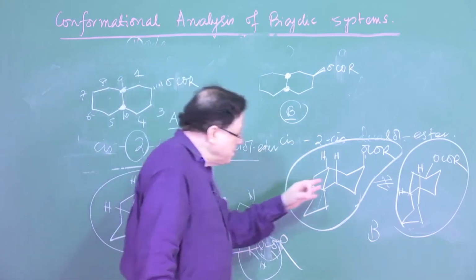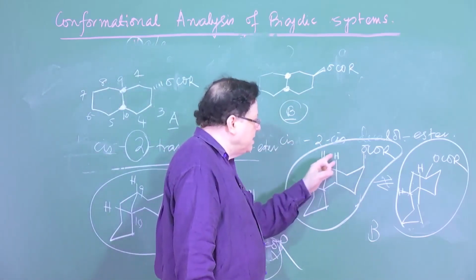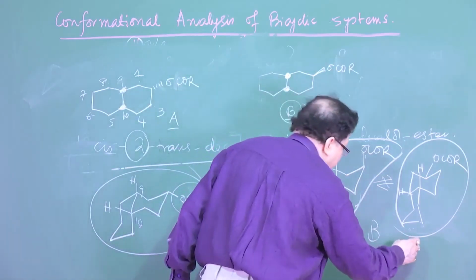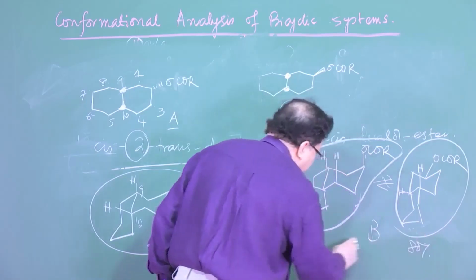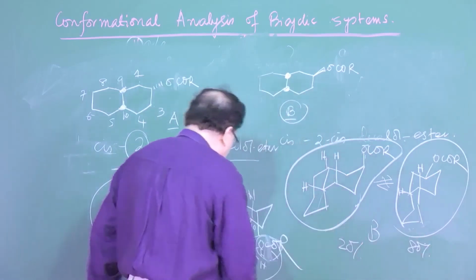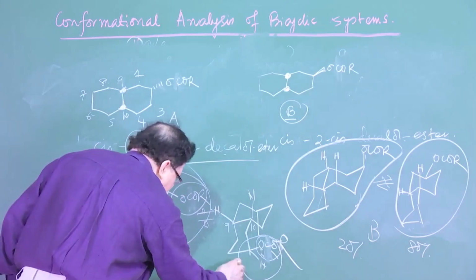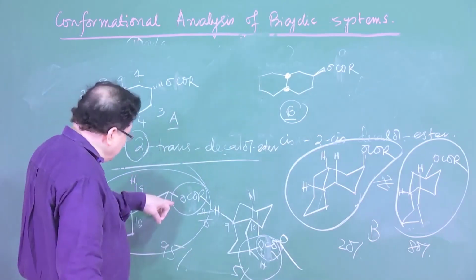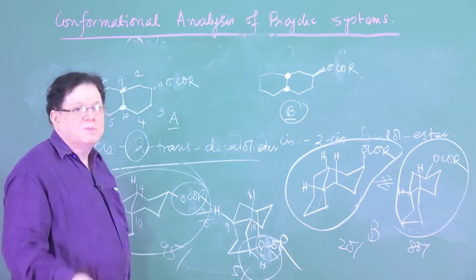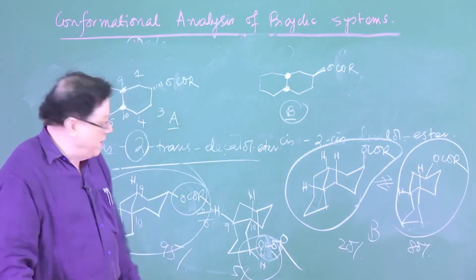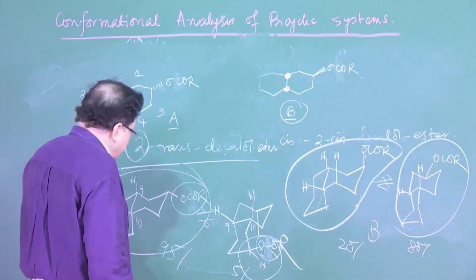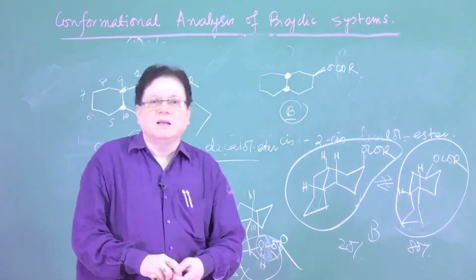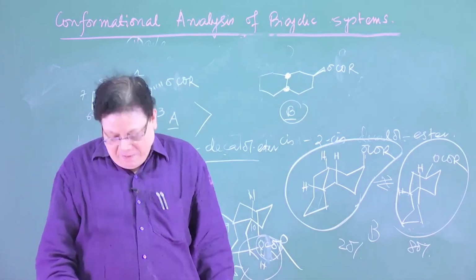In this case there is much less steric interaction, there are 1,3 interactions, but suppose, as an arbitrary number, this is your 80% population, this is 20%, and here suppose this is 5% and this is 95%. Okay. Since the equatorial populated form is much more in this case, the overall rate of hydrolysis will be A greater than B. I hope that is clear, A greater than B.